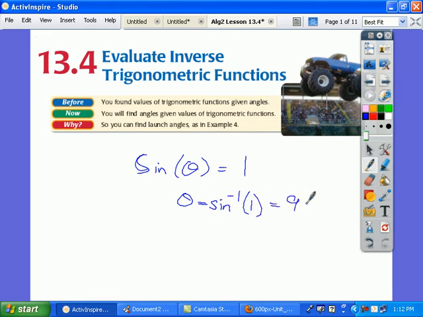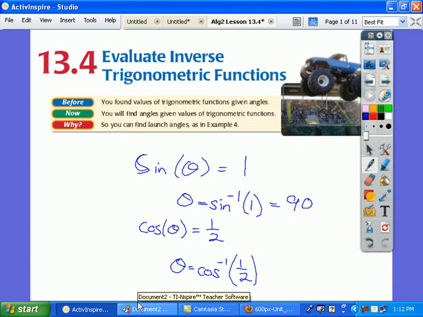Let's look at another problem. Let's do cosine of some theta. Cosine of theta equals 1/2. And that's the same idea as me saying that theta equals cosine inverse of 1/2. So again, I'm asking for what angle measurement gives me a cosine value of 1/2.